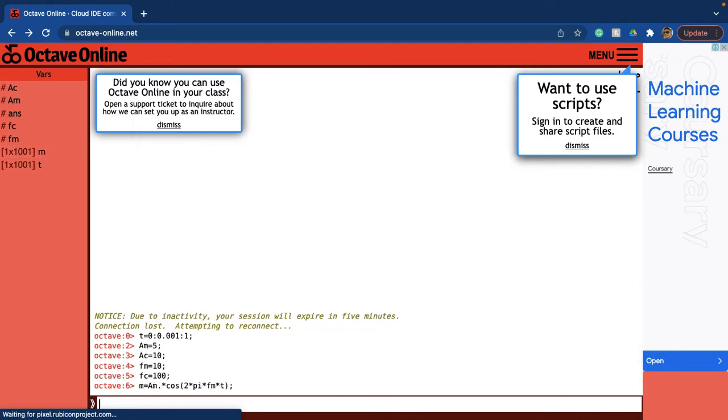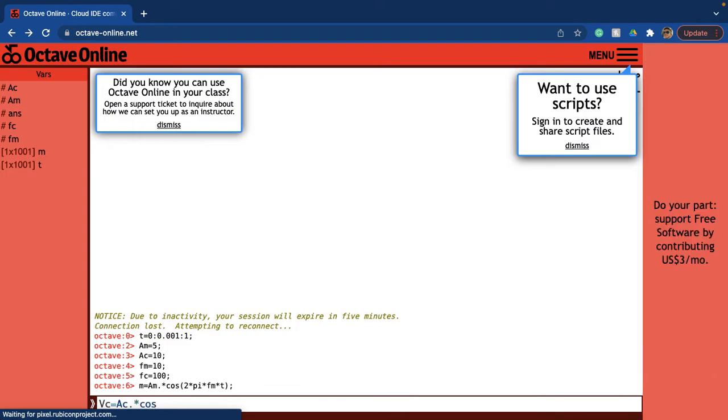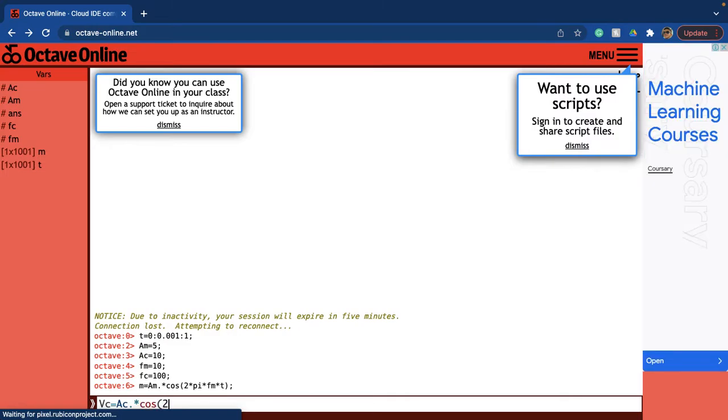The instantaneous value of the carrier wave is given as Ac cos 2 pi fc t.